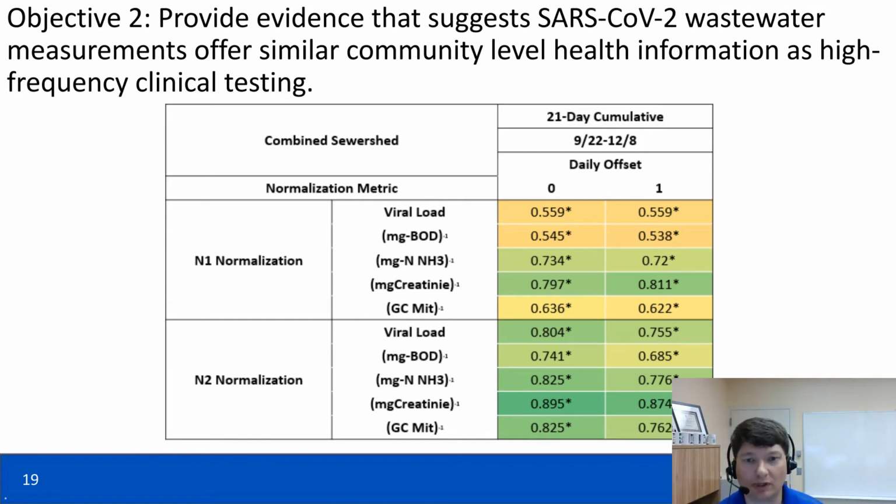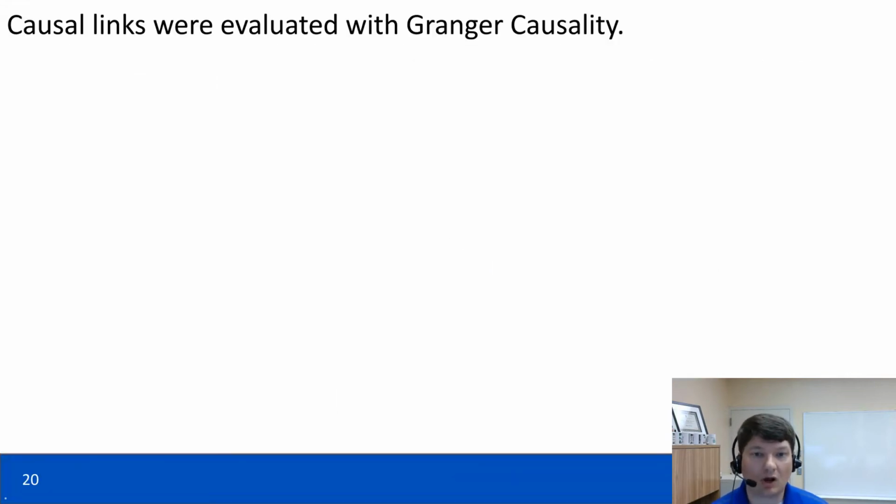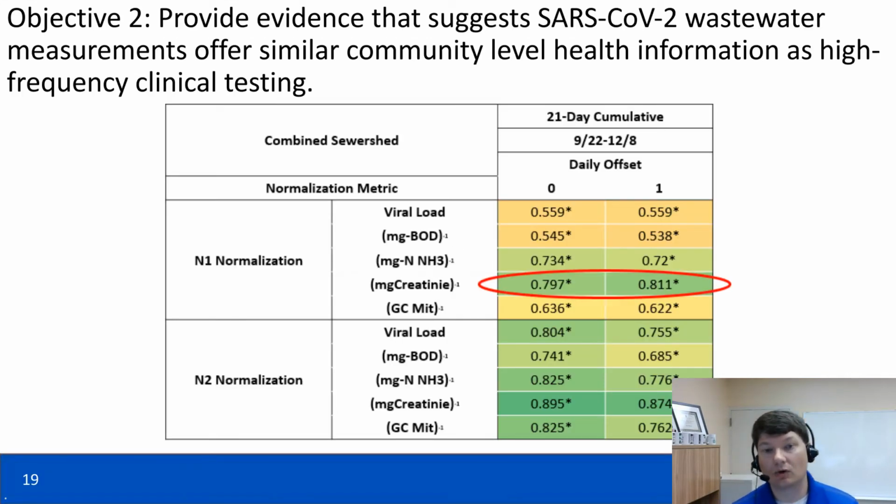And again, more importantly, we saw that our correlations didn't have a daily offset, which suggests that our SARS-CoV-2 wastewater concentration measurements were giving us similar community-level health information as these intense, high-turnaround or fast-turnaround clinical testing campaigns that we were using in Lawrence, Kansas.